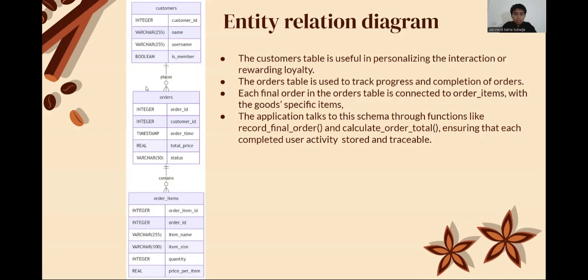And if we want to see what is specified inside that order, then we can see the order items table, which contains the order item ID and the order ID as the foreign key, which means that when we want to see what is inside order ID 14, then we can see what is ordered in that order. Let's say cappuccino, two espresso, and so on. But with these interconnected tables, the application is able to talk to the schema and return appropriate results according to what the customer asks.